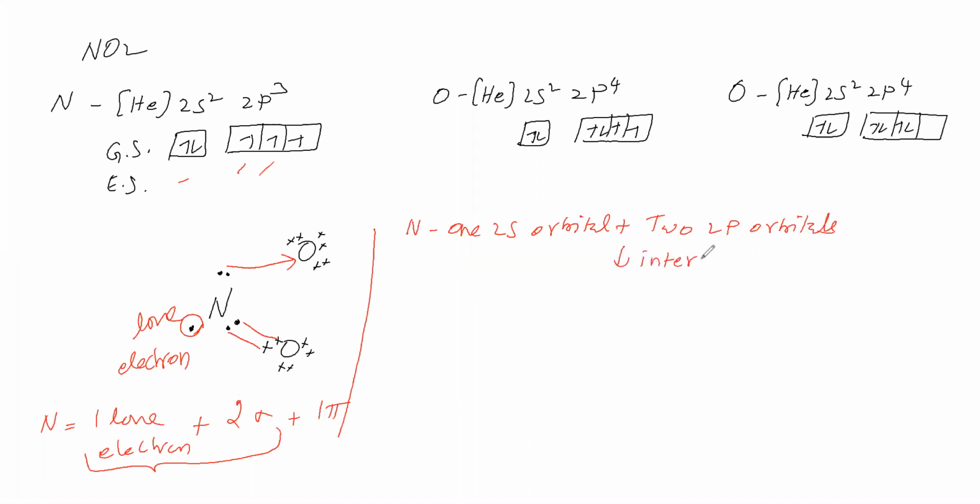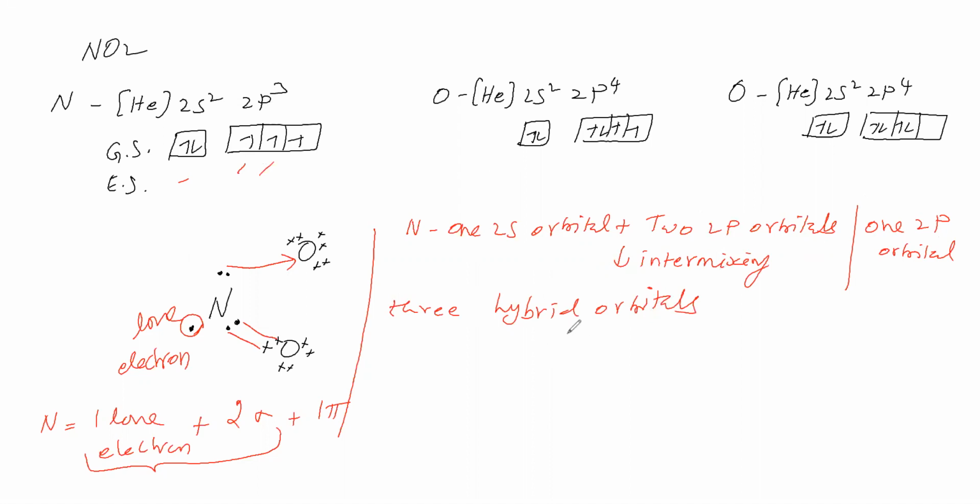Among the 2p orbitals, three orbitals are there. Out of three, two go for intermixing. The remaining one 2p orbital does not go for intermixing, remaining pure. So these three orbitals undergo intermixing to give three hybrid orbitals.